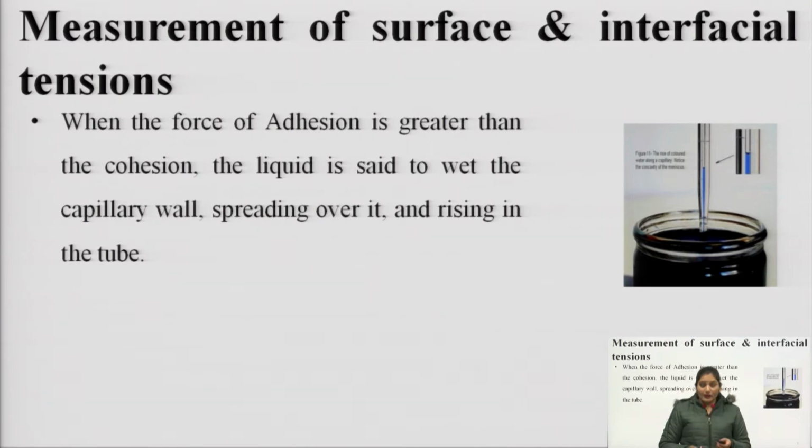Because if cohesive forces are more, then the liquid will be unable to spread, and it will not rise up in the capillary tube, because due to the cohesive forces the liquid molecules will pull inward and will try to acquire minimum surface area.